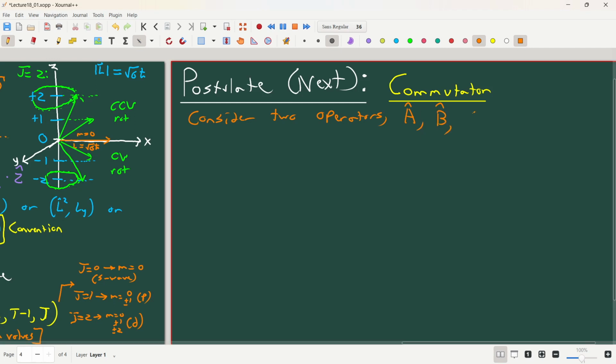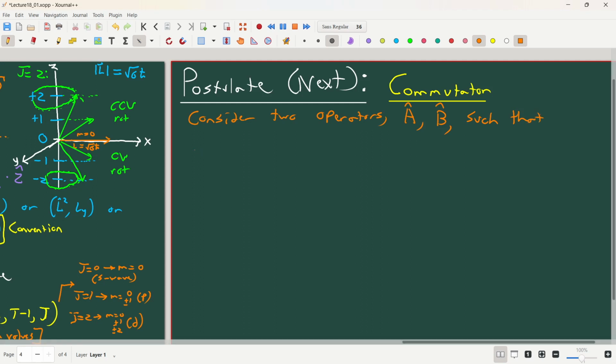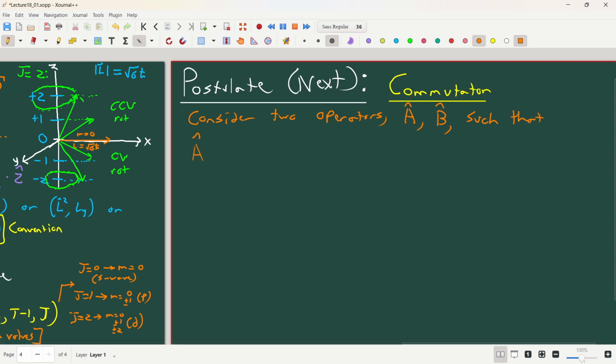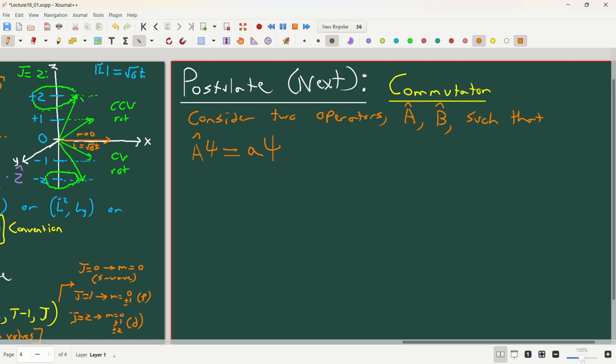Such that when we apply A to some wave function, the wave function that we choose, we get a number back times the wave function. Okay?